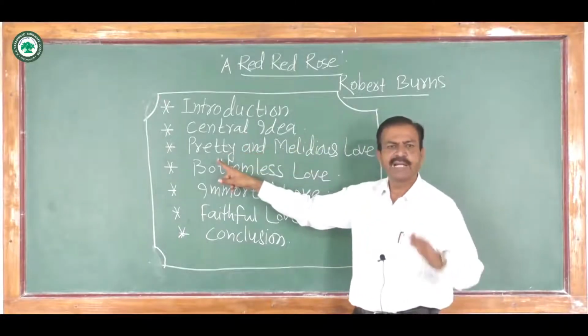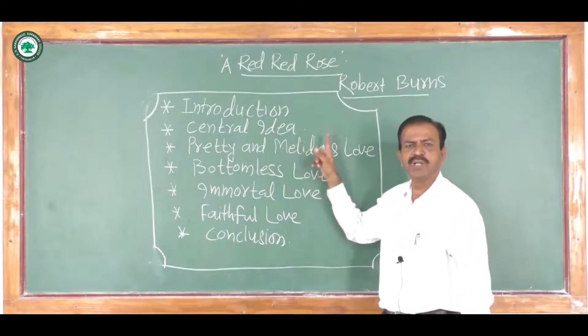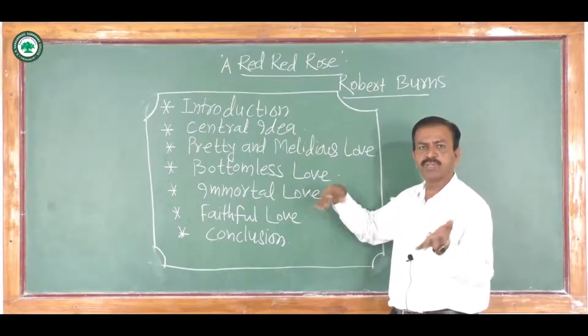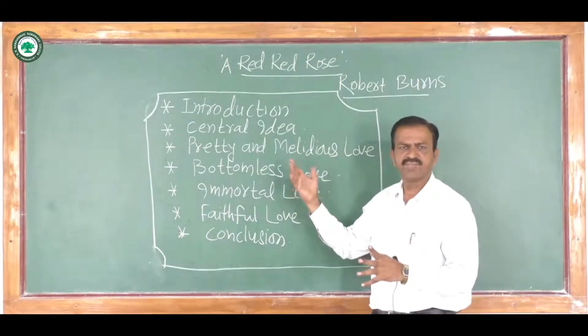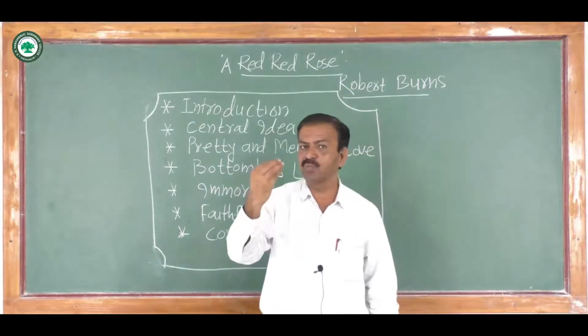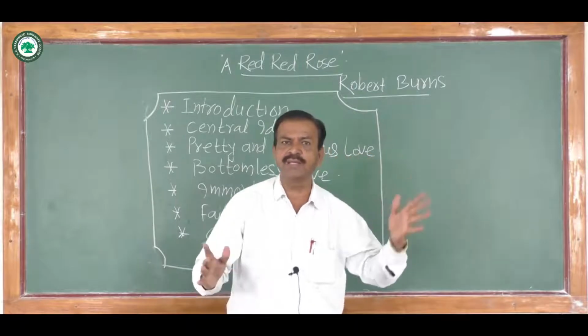The word red rose describes the prettiness of the love, while the word melody describes the sweet music of his love. That means one attracts the eyes, while the other attracts our ears.